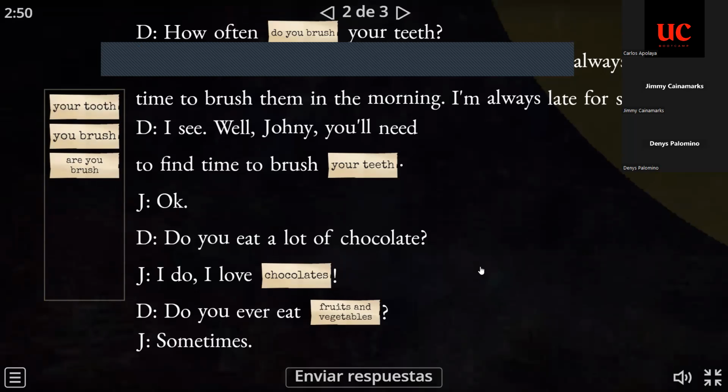For example, I know that my patient is sick, he will need to be very careful because he has some problems in his mouth. And you say, okay, you'll need to make sure that you brush your teeth. You'll need to make sure, and then a verb. You see what I'm saying?